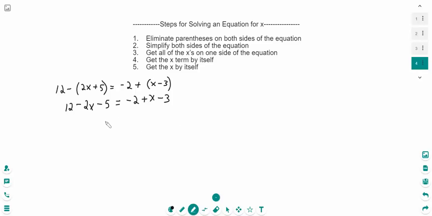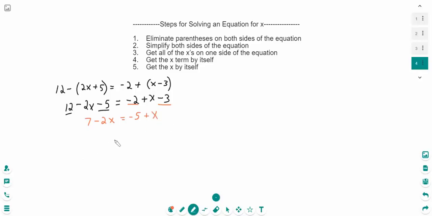All right. Very good. So now we can combine like terms. We have a 12 and a negative 5. Well, that's going to give us a 7, right? And we have minus 2x equals. Now here I have a negative 2 and I have a negative 3. I can combine those to give me a negative 5 with my leftovers here plus x.